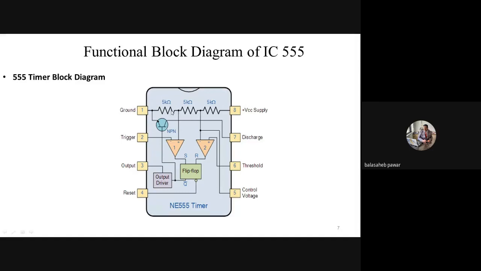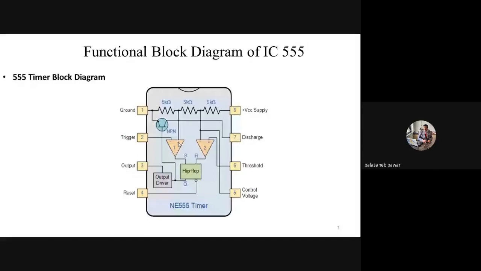So VCC into 5K divided by 15K, that is 1/3 of the total of all these 3 resistors. So that much will be the reference voltage over here. How much will it be? It will be 1/3 VCC. Do you agree with this?